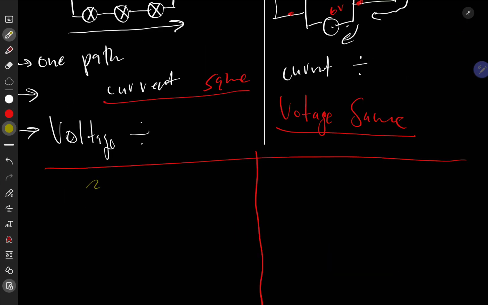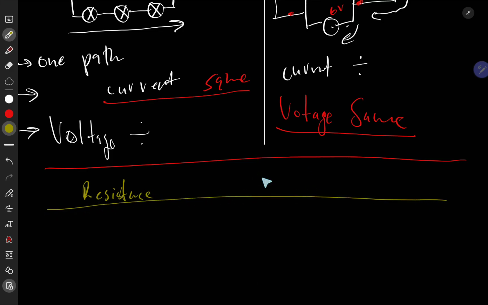Let me finish up by talking about resistance for both sides. Remember, what do we have here? We have series on this side, and parallel on the other side.